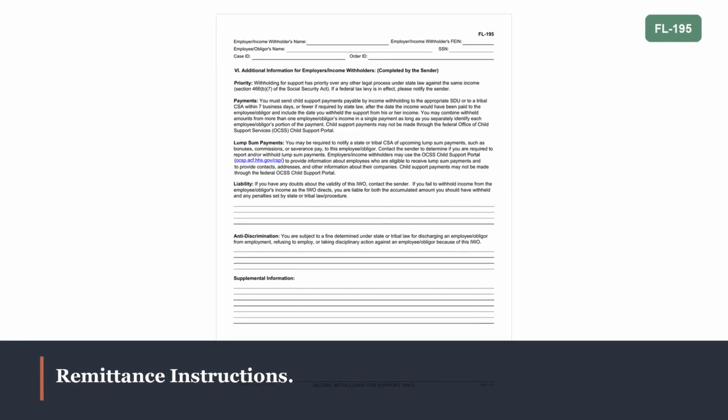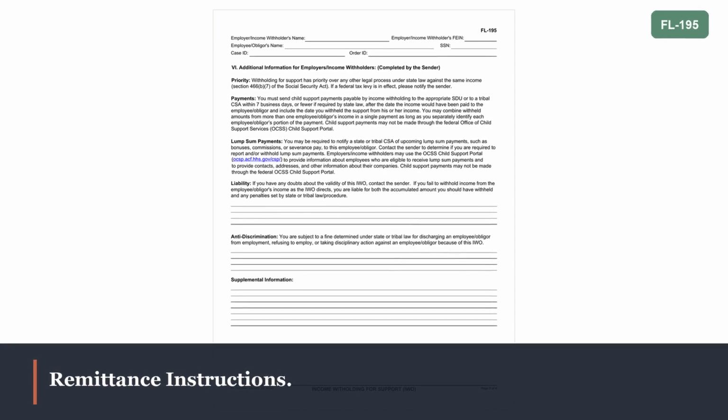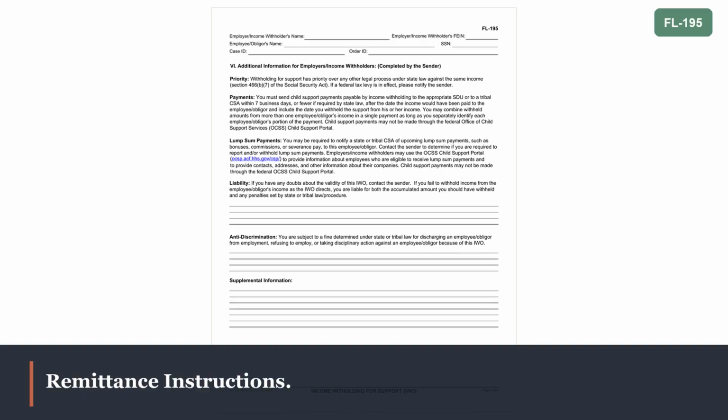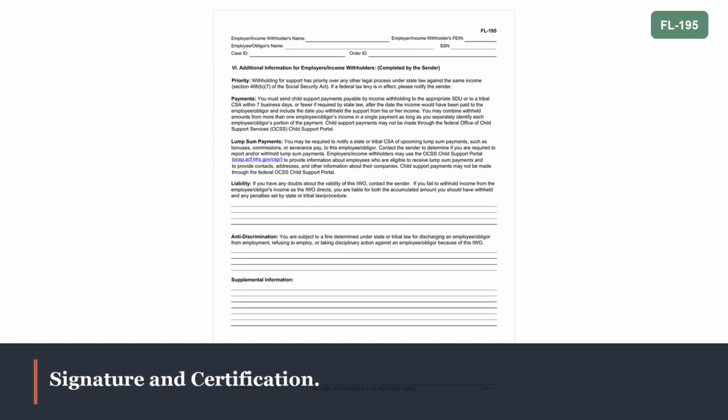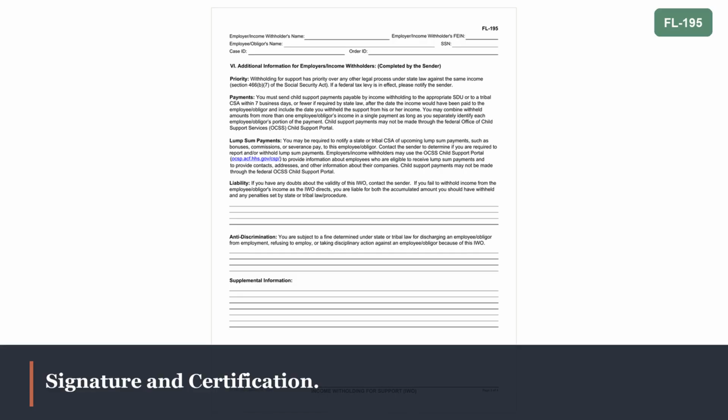Remittance instructions. This section tells the employer where to send the withheld money, generally the state disbursement unit, along with any case or payment identifiers the SDU needs to apply the payment correctly. Signature and certification. The form is signed and dated by the person or agency issuing the order, certifying that the amounts and information are consistent with the underlying support order.